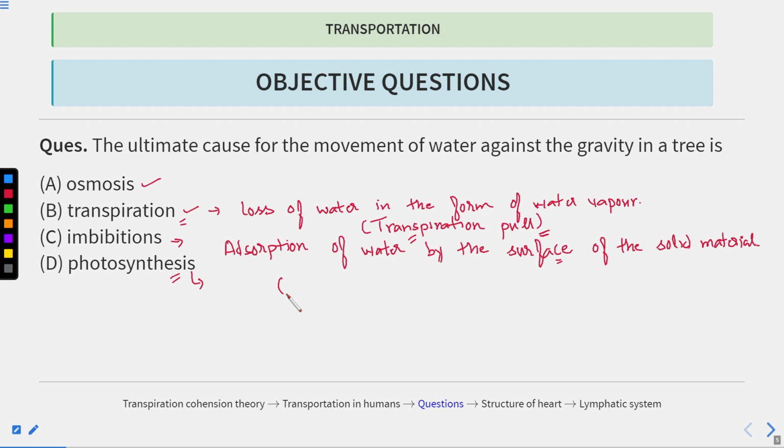Here, carbon dioxide mixes with water. This is the atmospheric carbon dioxide, and glucose is formed. Along with this, oxygen is evolved, and some water is also formed. So this is the equation. This is not the balanced equation, but this is what happens here.